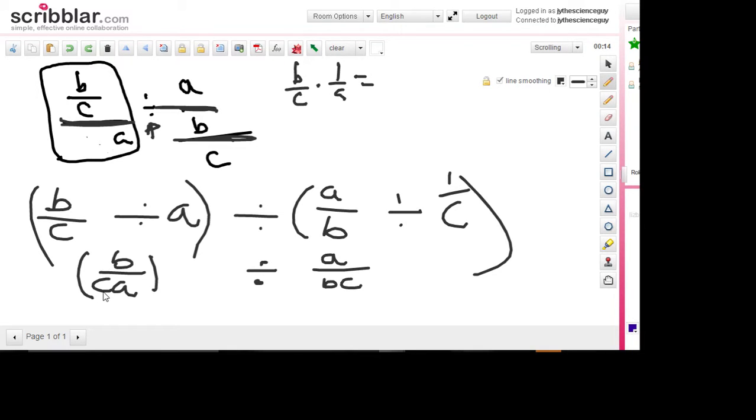Okay, now deal with this division symbol. What are you supposed to do to that thing? Oh, I'm supposed to do the reciprocal of that? Right, and multiply. So then it would become BC over A.